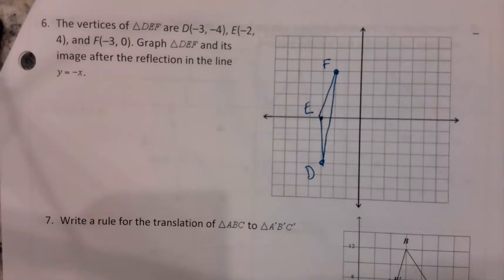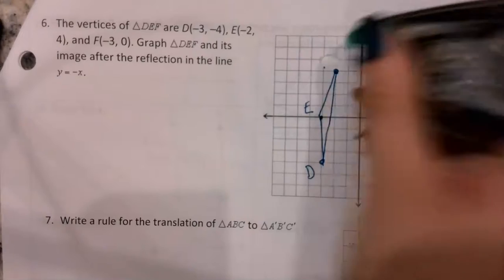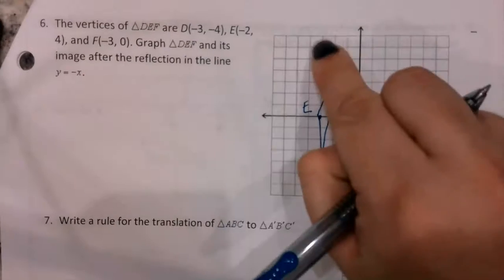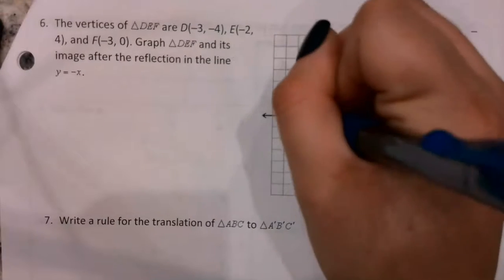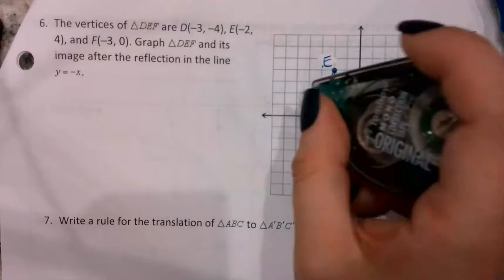Oh, I got them all right. Never mind. I labeled them wrong. This one was E. This one was F.